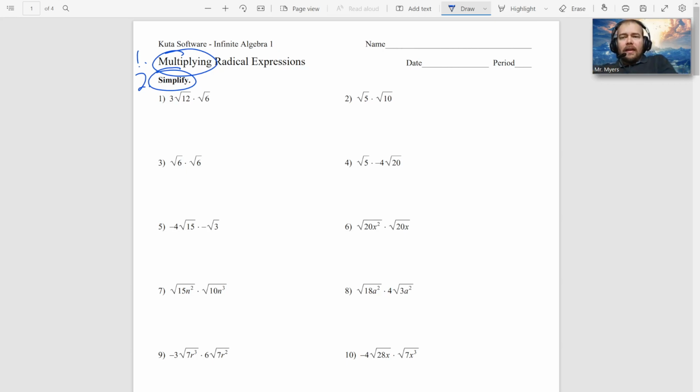So if we're looking at the first one here, we would multiply the 12 and the 6. We can't multiply the 3 with the 12 or the 6 because it's not inside the radical. It doesn't go with the other numbers. It's like how the radicals are different people.